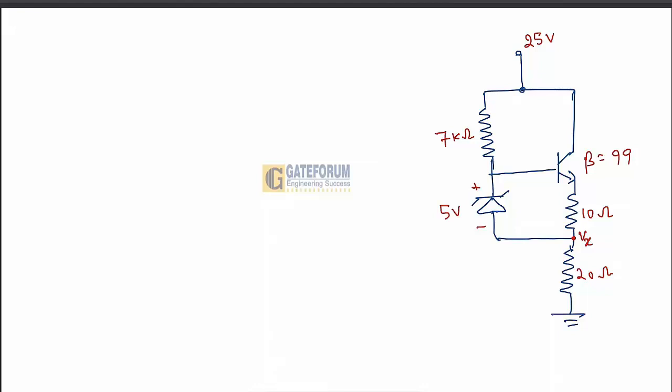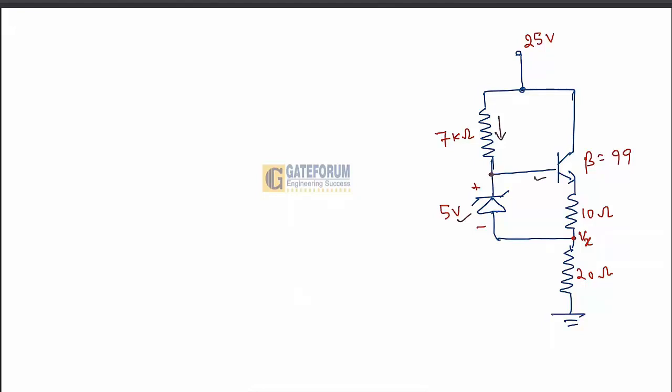If you observe this circuit, first of all we need to check whether this Zener diode is on or not. If the Zener diode is on, then the current passing through the 7 kilo ohm will divide into two parts: one going through the Zener diode and another going through the base of the transistor.